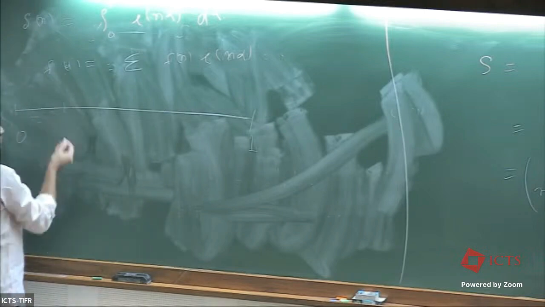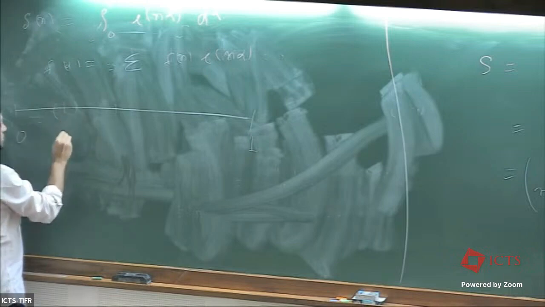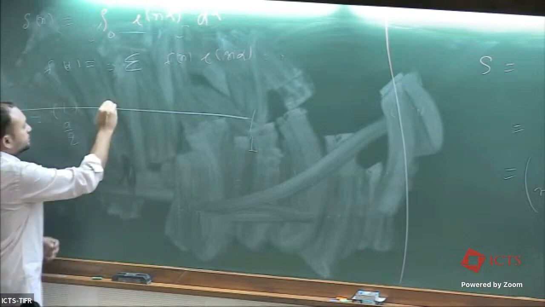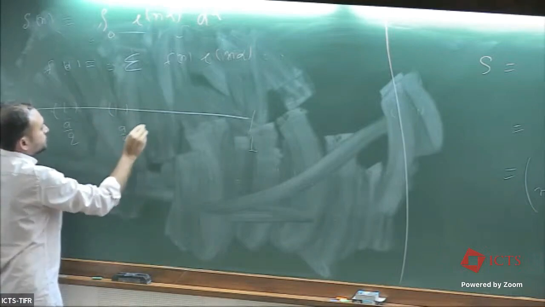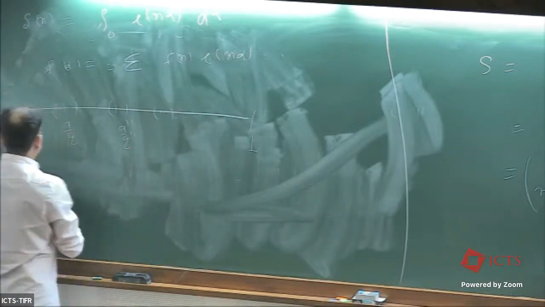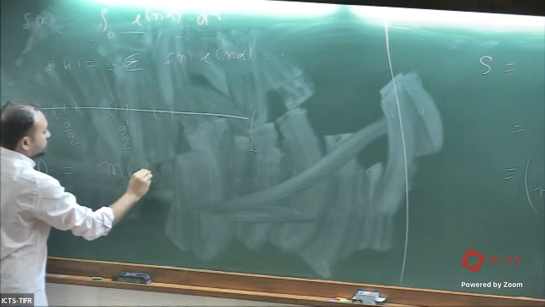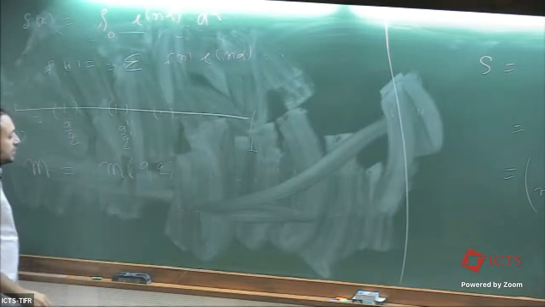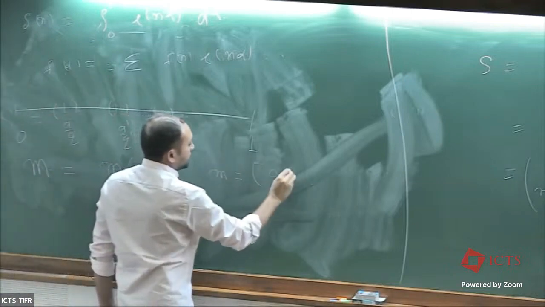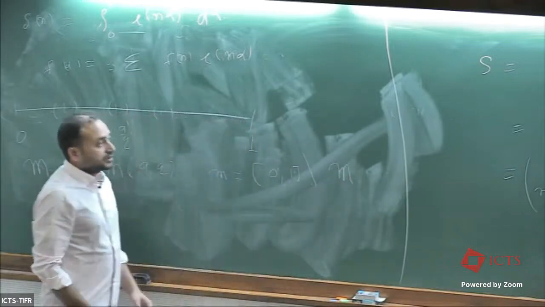Then you divide this interval 0 to 1 into the major arcs, which are concentrated about rational numbers with small denominators, a prime by q prime and so on, and the minor arcs, which are the complement of the major arcs in 0 to 1.